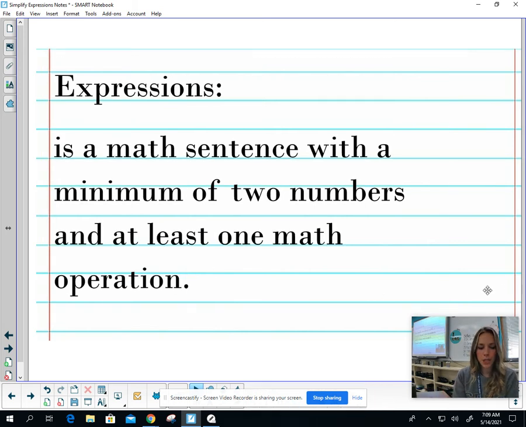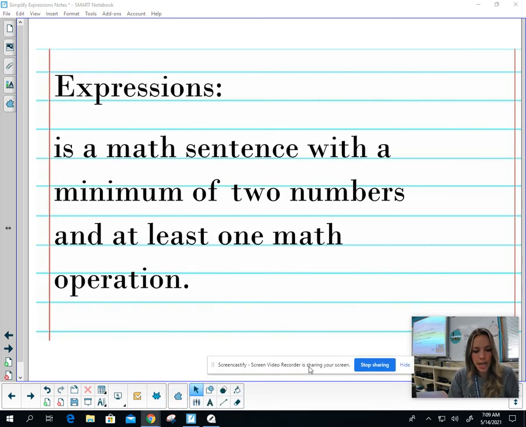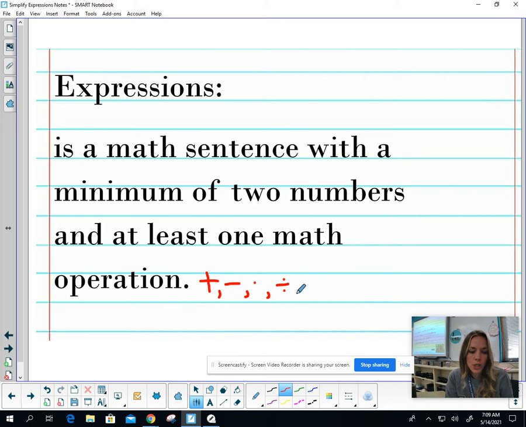Think math operation: addition, subtraction, multiplication, or division. If you have to jot that down, that's okay, and if you need to add a little bit more to your notes to make sense of this, that's fine. So an expression is a math sentence with a minimum of 2 numbers and at least one math operation.